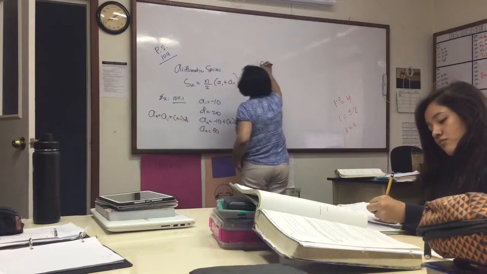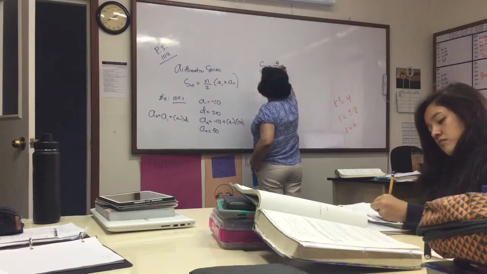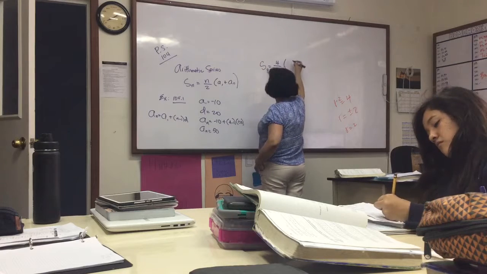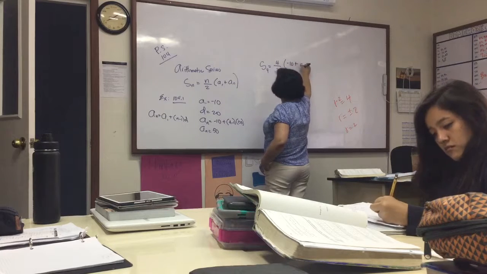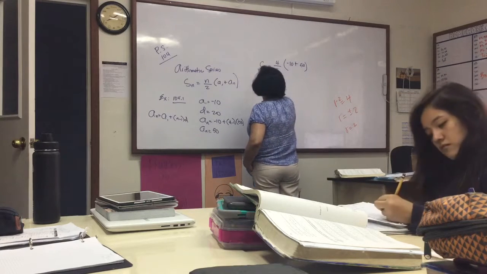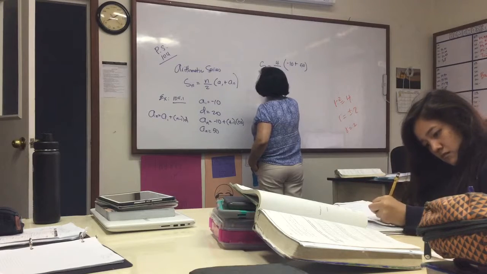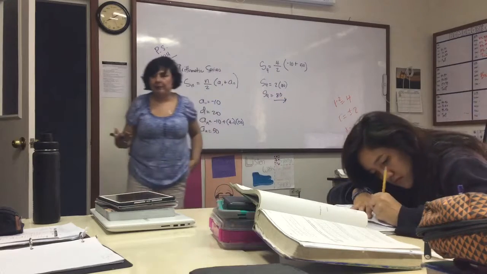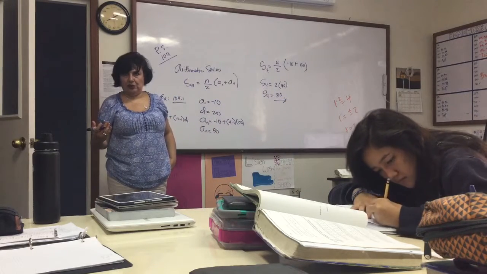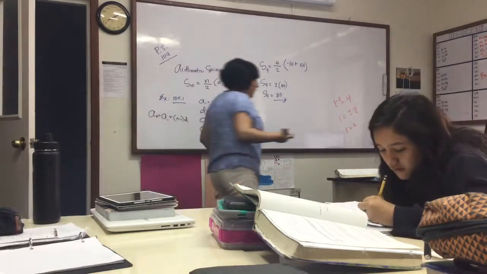So the sum of the first 4 would be 4 divided by 2 times negative 10 plus 60, which is 2 times 40. Okay? It's that simple. Did we understand what I did? It's pretty straightforward, right?